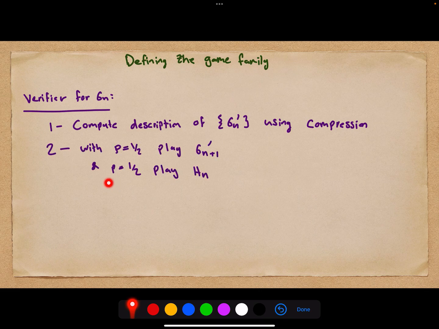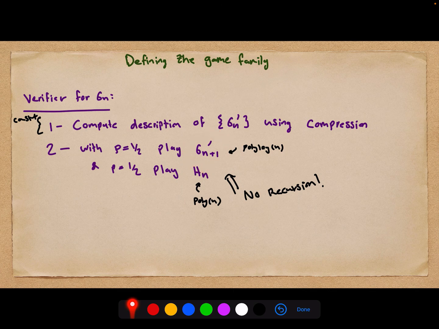Then with probability 1/2, we play the nth game from the family we wish to supercompress, and with probability 1/2, otherwise we play the n+1th compressed version of itself. Very importantly, this is not a recursive definition, since these compressed games are just another class of games. They do not call back to the original game. All we have is that their values are predictably related to the original family.